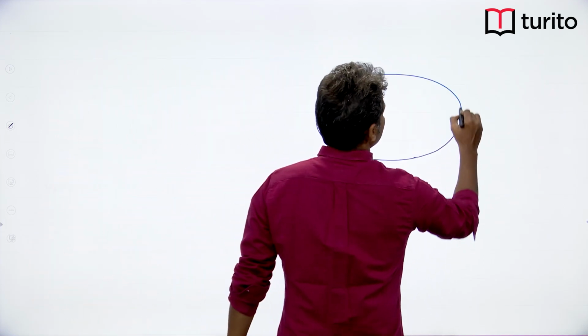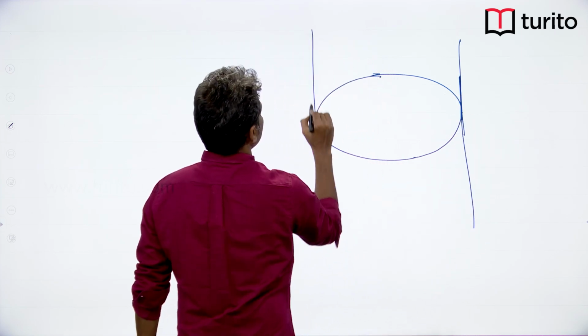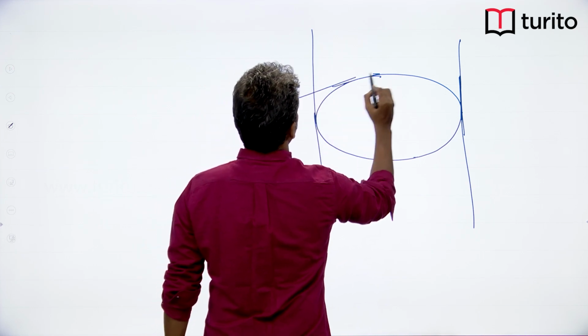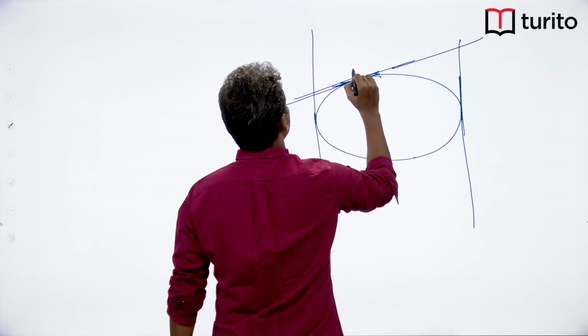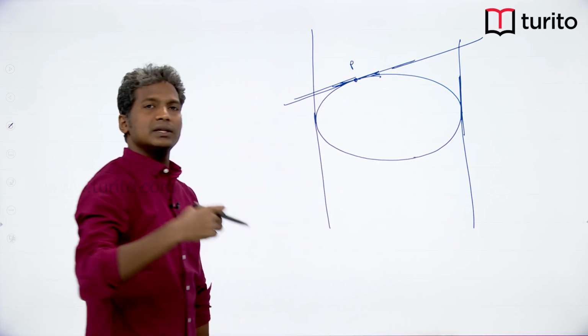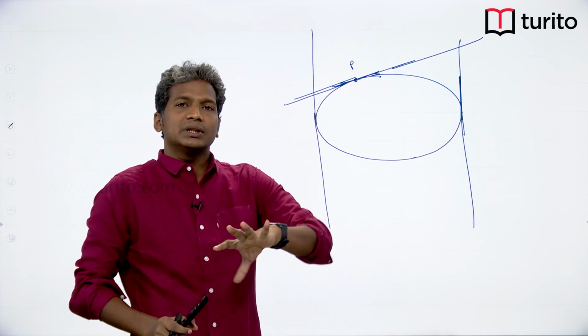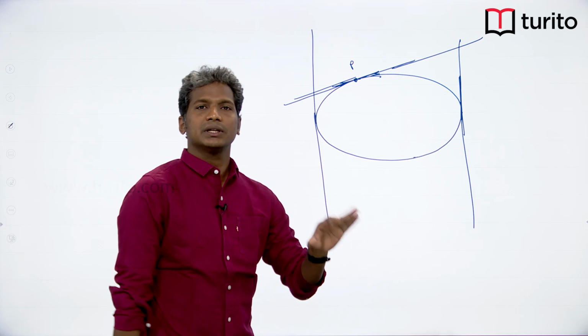So there is one tangent at the vertex here, and there is another tangent at the vertex here. Let us say there is one tangent here at a point P. Let us say this point P is something. Okay, so we will make a choice whether to go for theta or whatever, that we will see a little later. So let me just analyze this using the diagram.